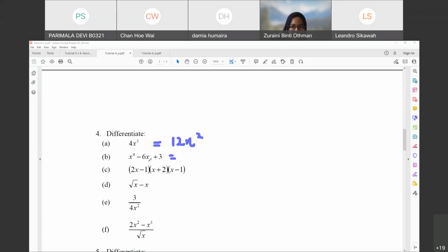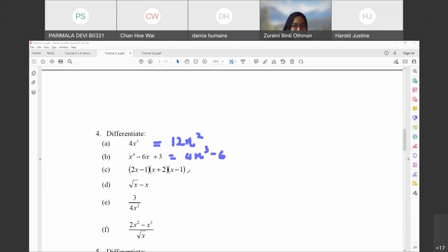You get what? 4x cubed minus 6. 4x power of 3 minus 6. Okay, thank you.